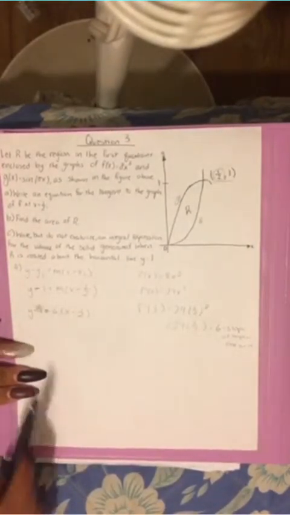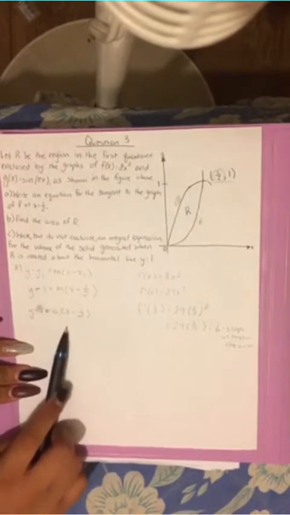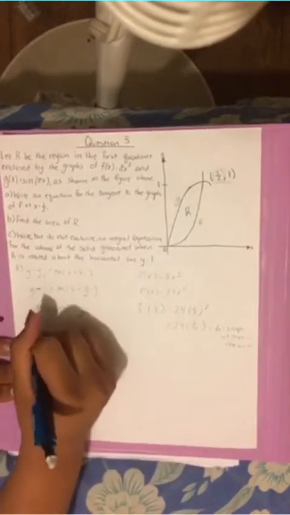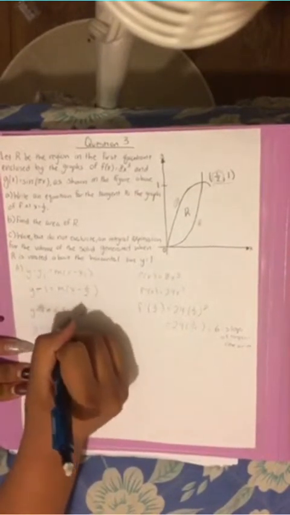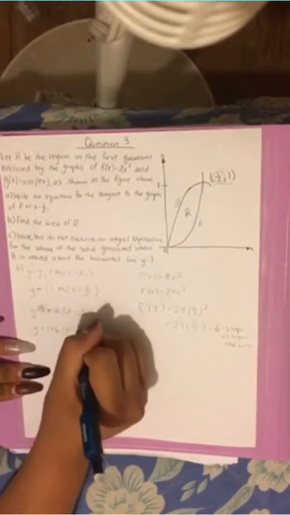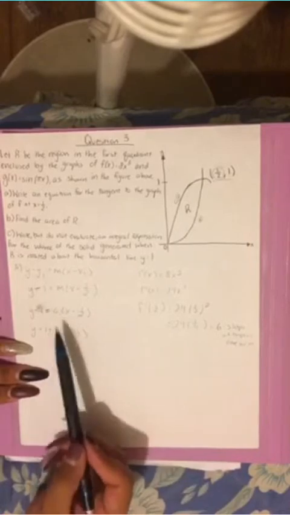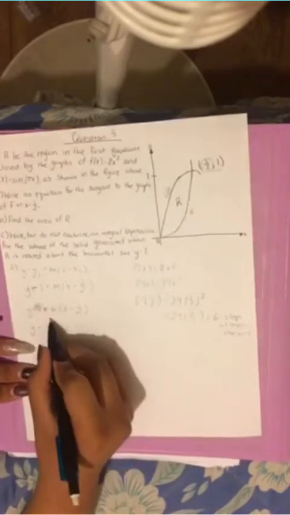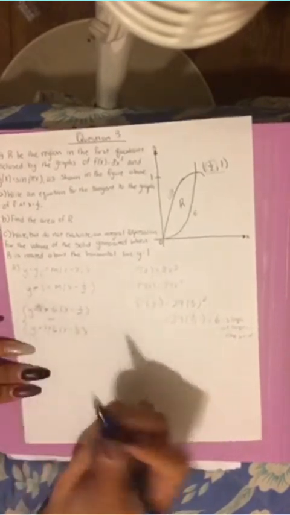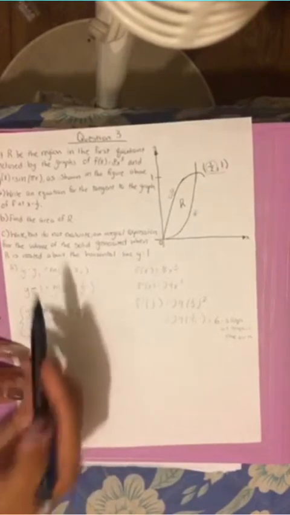This technically will be your equation of the tangent line, or you could just break it down even further and leave it as this. Either way, they mean the same thing. We only need to find the equation, we don't find anything else. Either one of these two could be your answer.